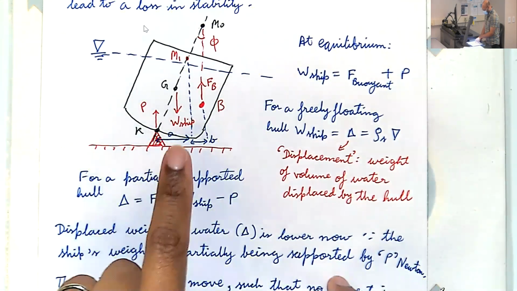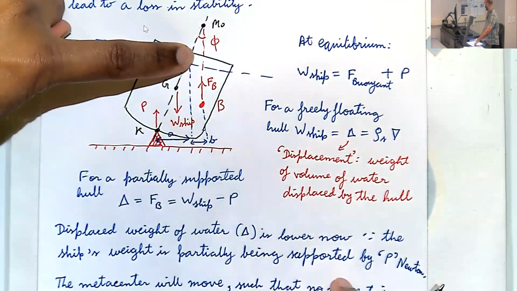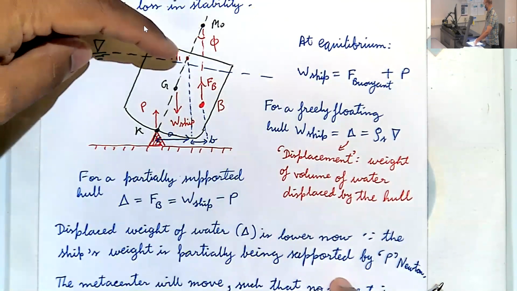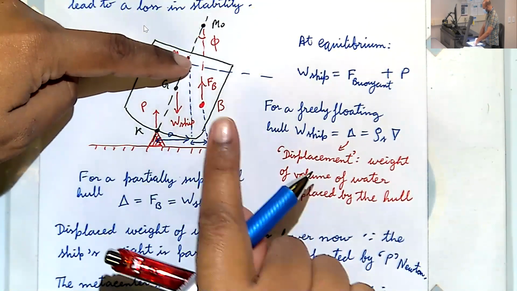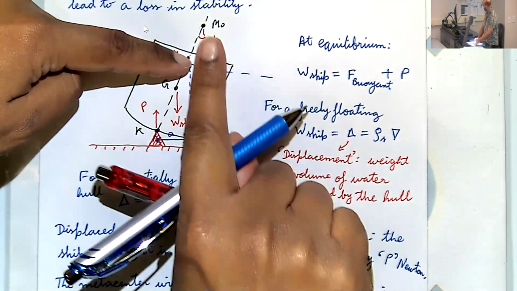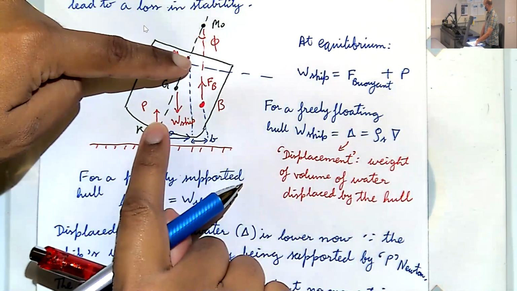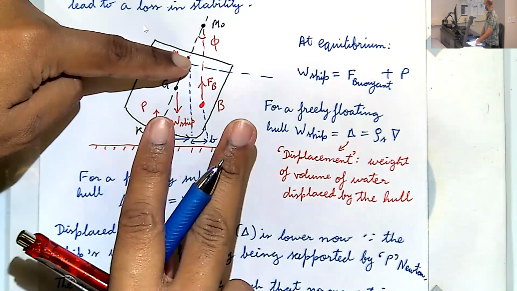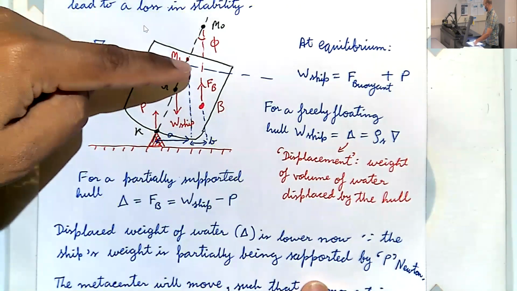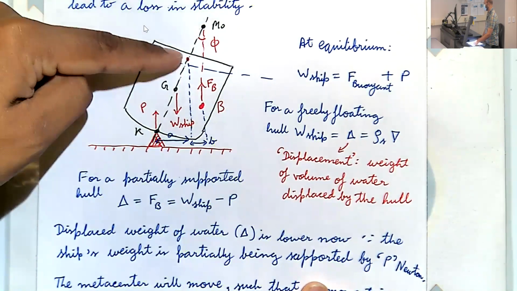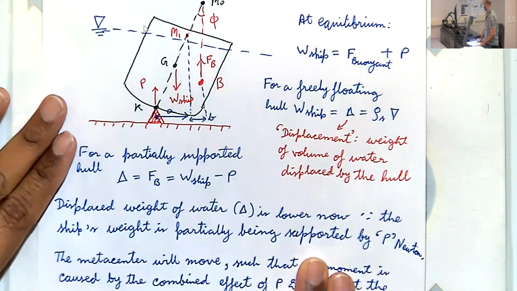And you see, if our metacenter is the rotation, the hinge, torque due to FB is counterclockwise, torque due to P is clockwise, and they have to be exactly equal. That's what the condition says. That's how we determine the new location of M1.